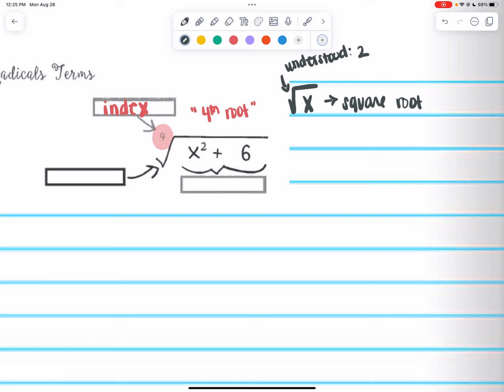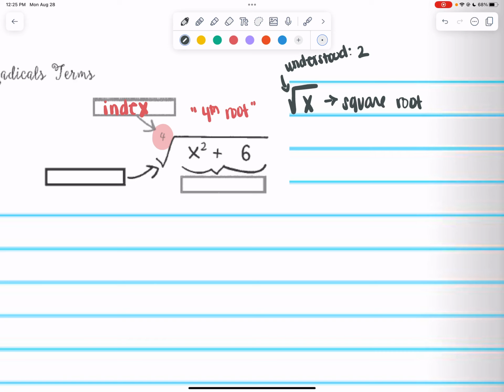We don't write the index of 2 on the square root because they are so common that we have just kind of dropped that off over time. Anything past the square root, though, the third root, the fourth root, the fifth root, the sixth root, you will all see those indexes written.